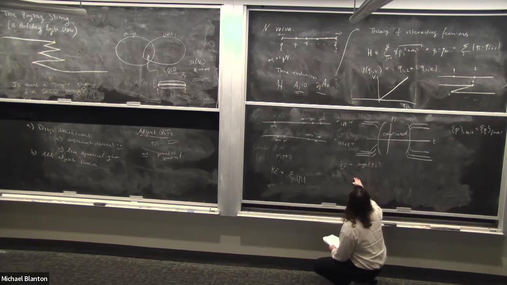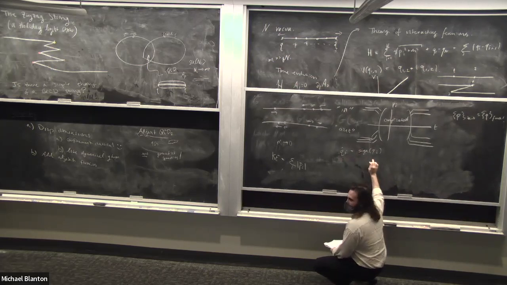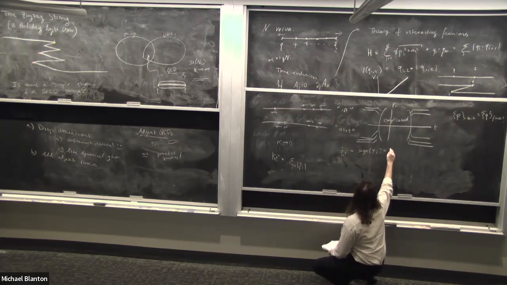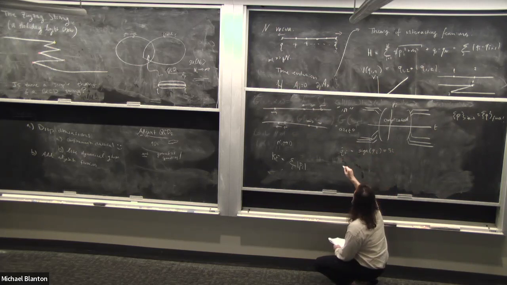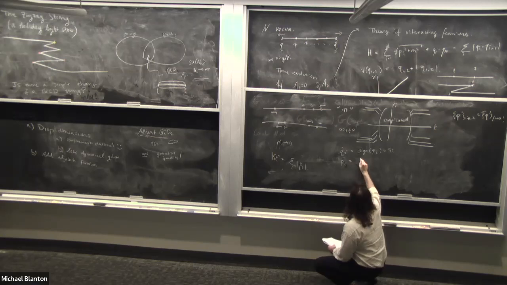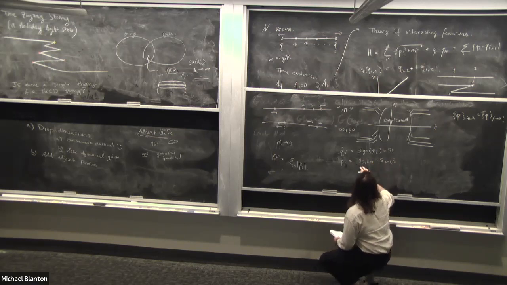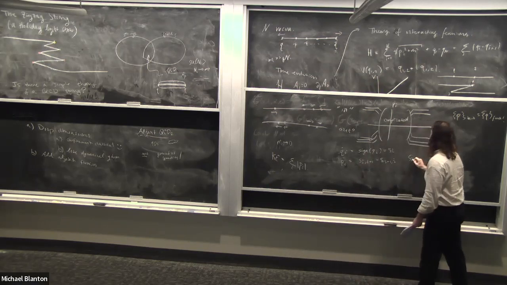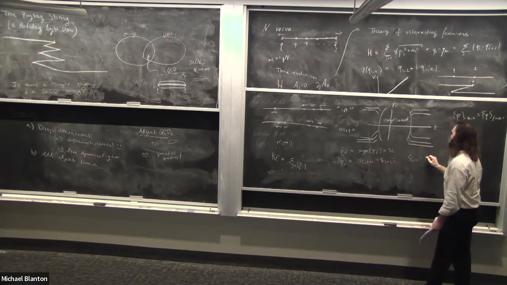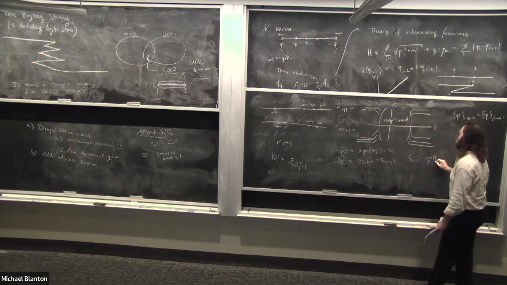Q dot is sine of P, and I'll abbreviate this to S_i. And P_i dot is this, where S_{i+1} likewise is the sign.